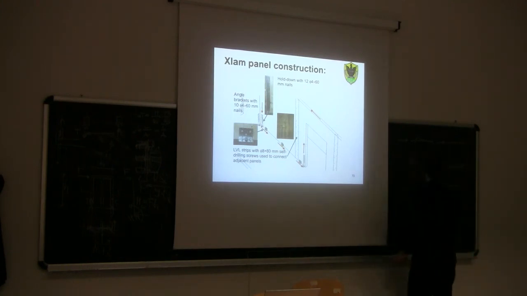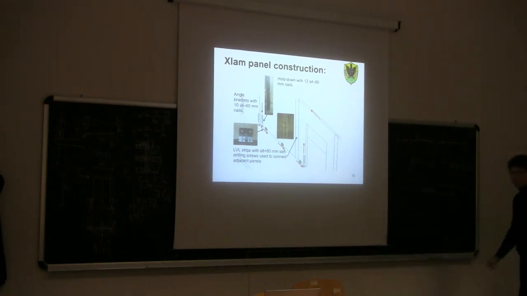And then, in this carving here, an LVL strip is used, and this LVL strip is connected with the two walls using some screws in this way. For example, self-drilling screws used to connect the adjacent panels, 8mm diameter and 80mm length. This joint here is used in order to transfer the shear forces between two adjacent panels.